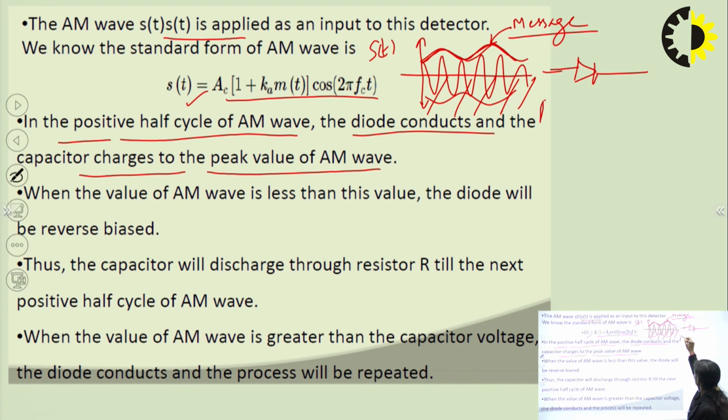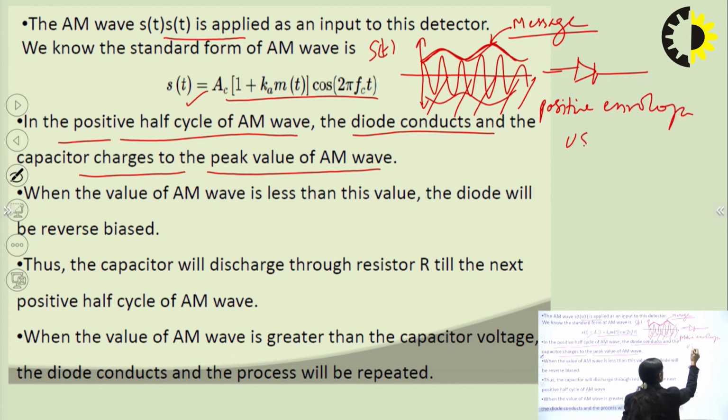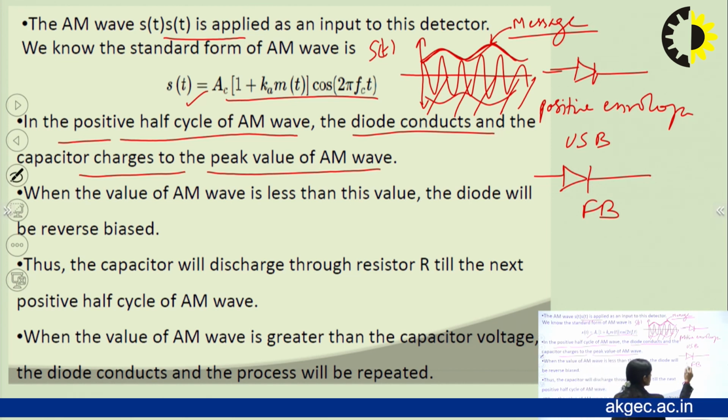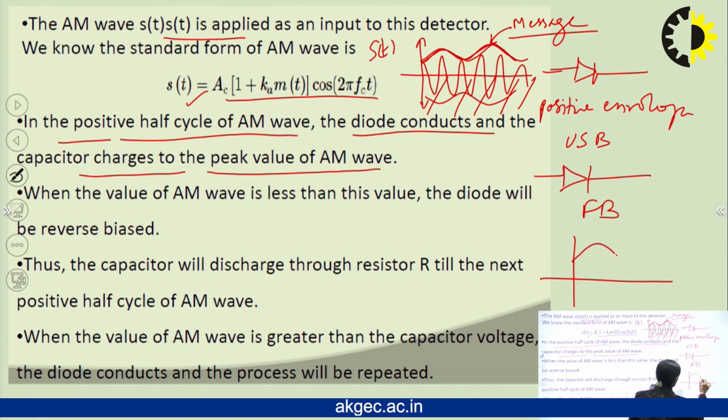For the positive envelope, the diode will be forward biased, so it will be conducting, and we will obtain the output as the positive envelope.